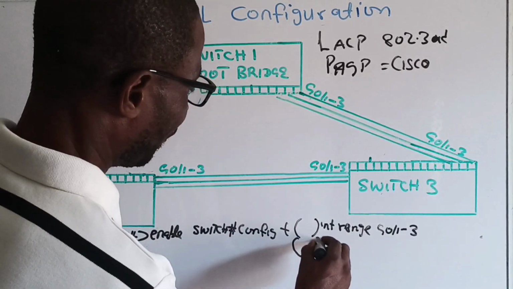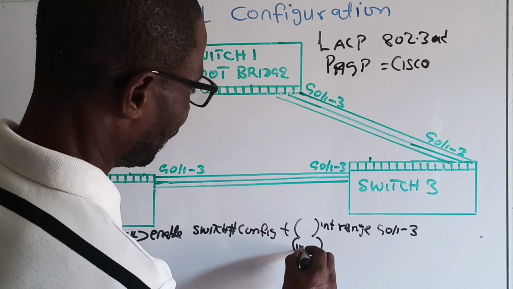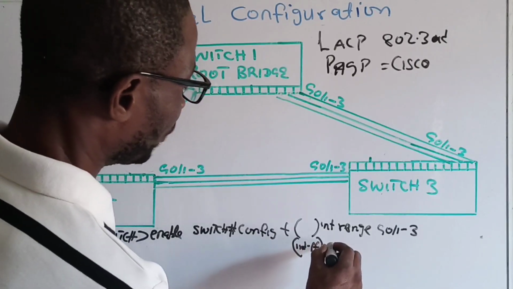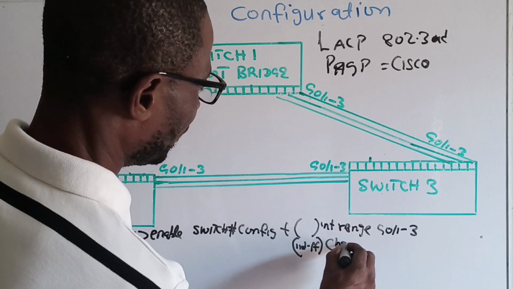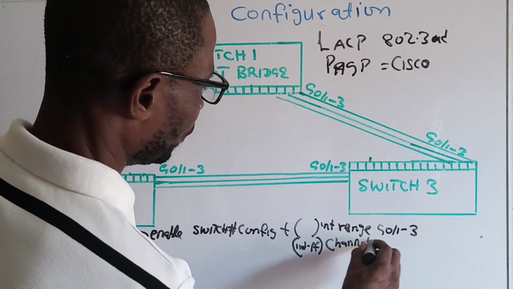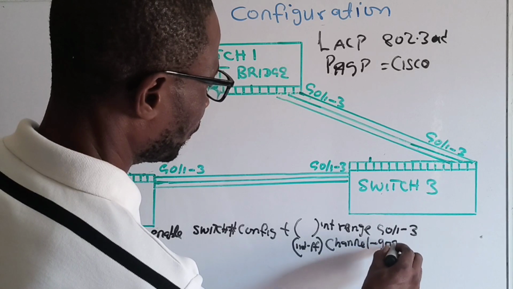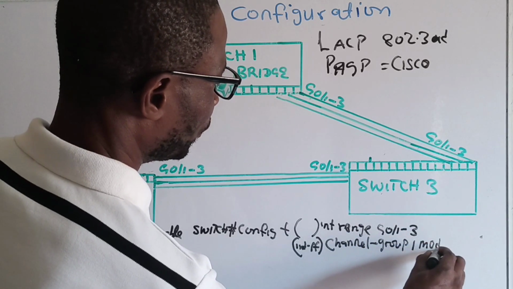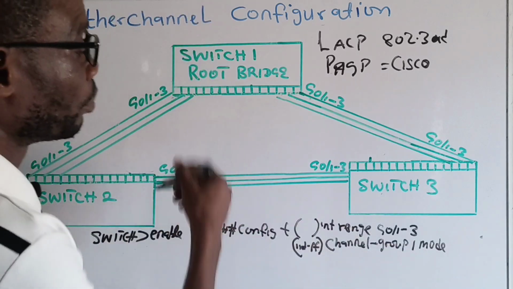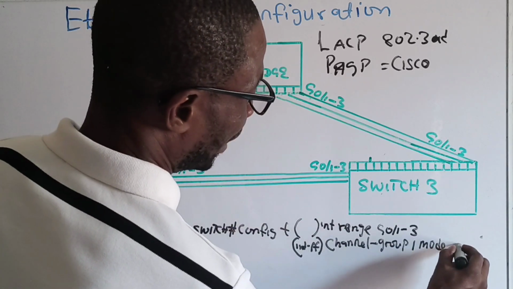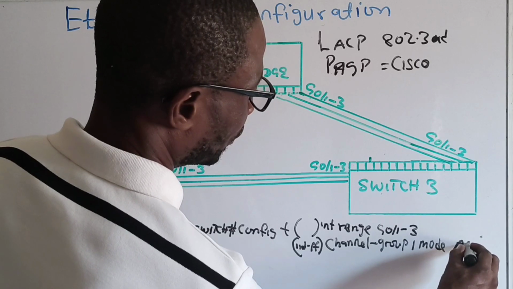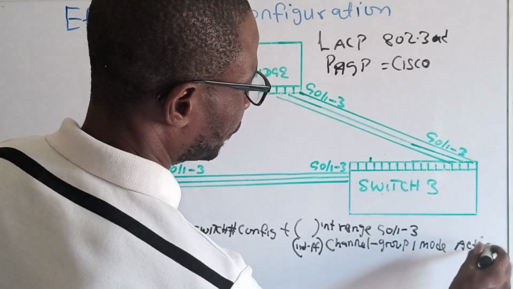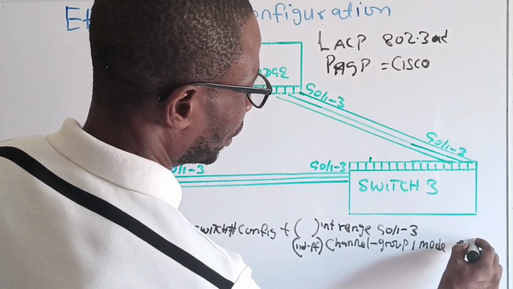Now you are in interface configuration mode, that is interface if. Where you put channel-group 1 mode active. I'll put those in group 1. This link is in group 1, mode active.